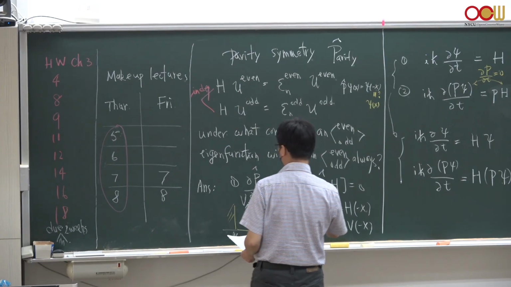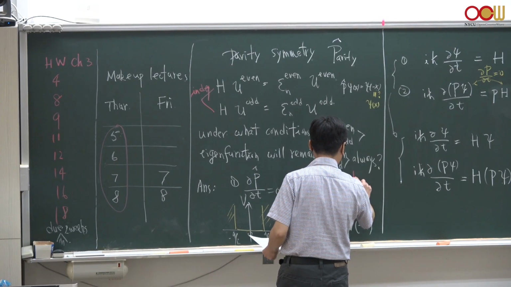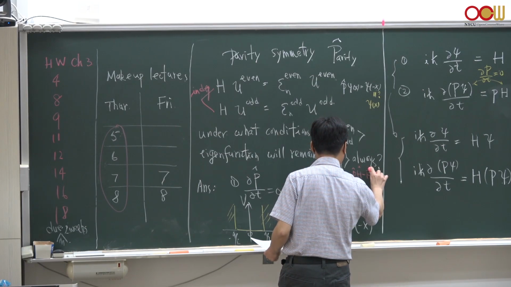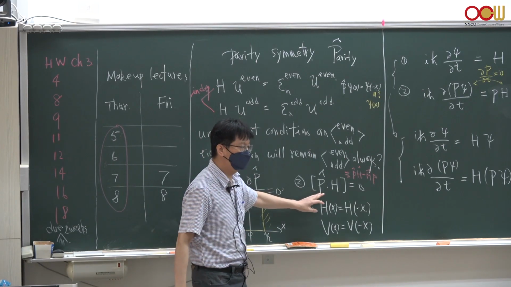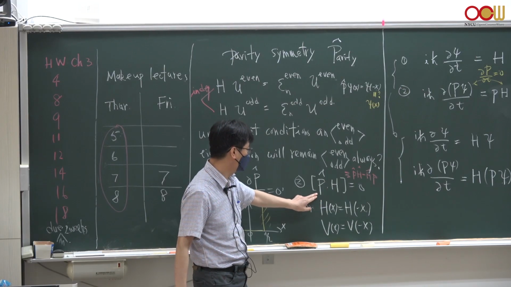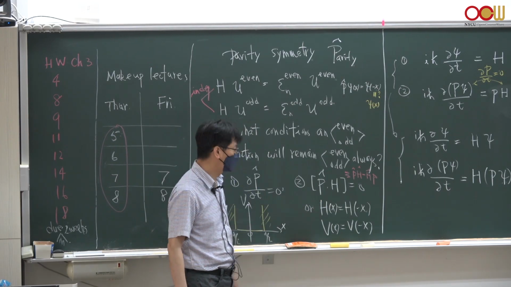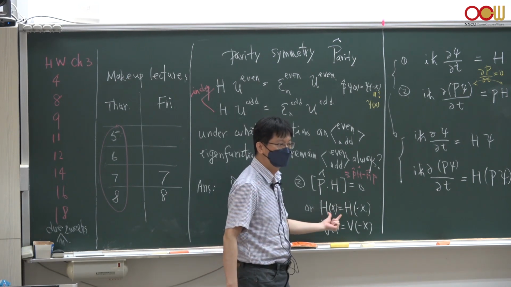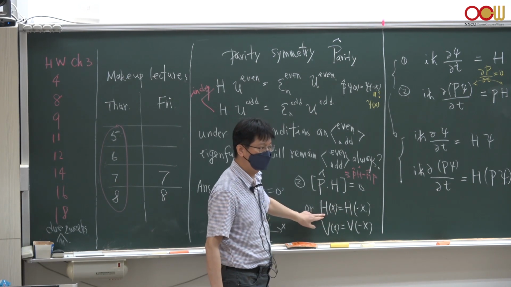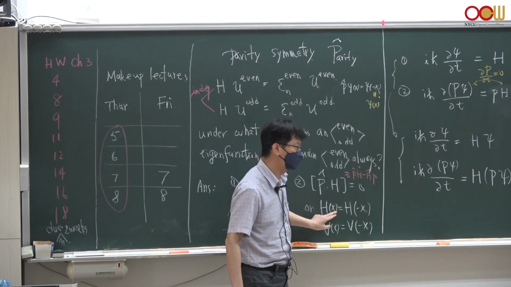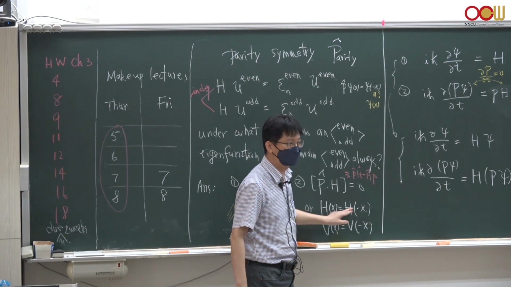The definition of the commutator is PH minus HP. We will see in just a moment that this condition is equivalent to saying that the Hamiltonian shows such a parity symmetry, meaning the Hamiltonian as a function of x is symmetrical with respect to x going to minus x.